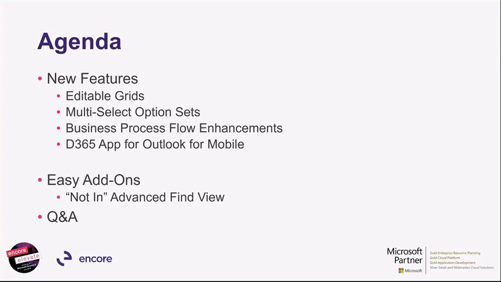Another add-on is not really a new feature, but I think it's a very neat feature that you can bring into your Dynamics 365 environment, which is what we call the not in advanced find query. This feature allows you to query a list of records with one domain relationship that does not have a record associated to it. I find it very useful, and it's completely free to you and your users. And then we'll wrap this session up with a Q&A session.